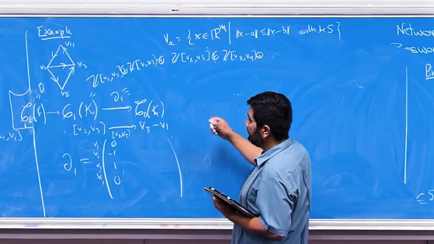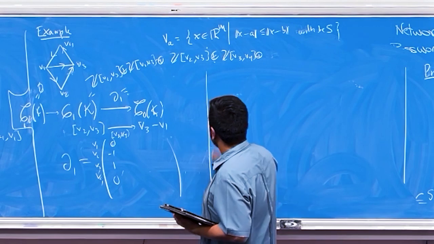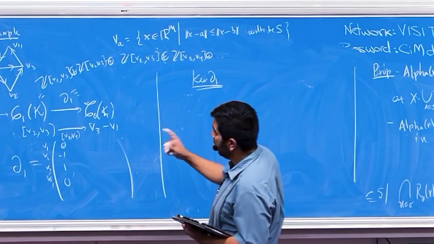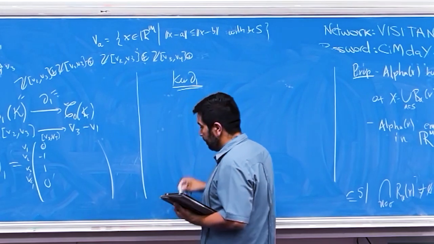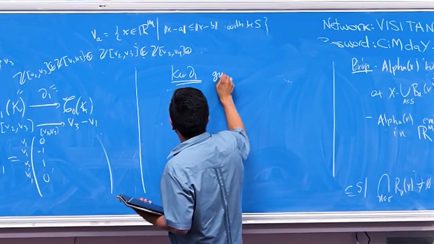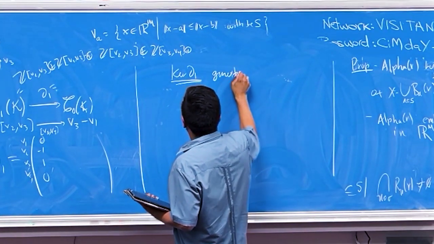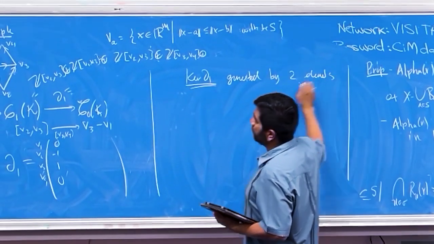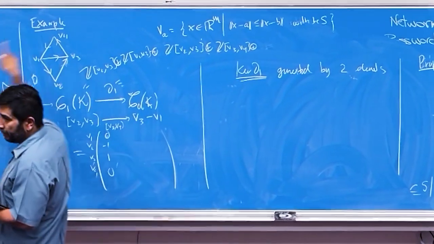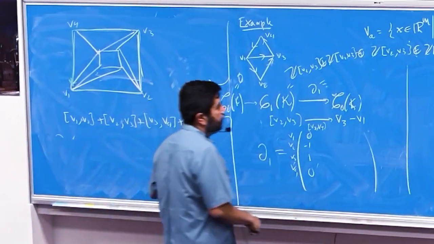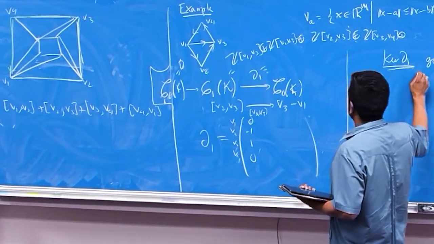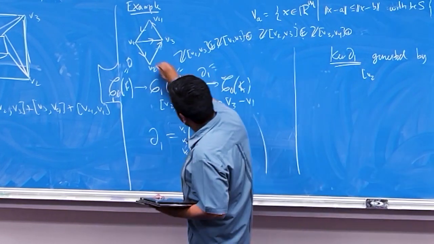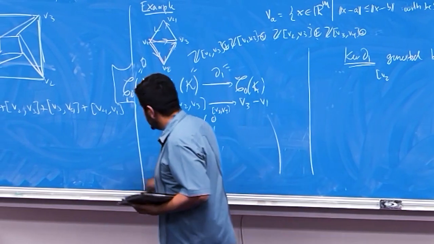The thing is, if you try to understand the kernel of this delta 1, you're going to realize that this kernel is generated by just two elements, by the two cycles that you can see here, this one and this one.